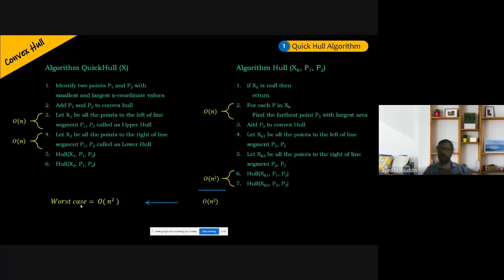Though there are the Graham scan algorithm as well as the divide and conquer hull algorithm, these are not mentioned, not even the divide and conquer approach is mentioned for convex hull, as well as for closest pair, in your syllabus. But anyway, for the sake of understanding and knowing how problems are solved, we have covered these two topics.